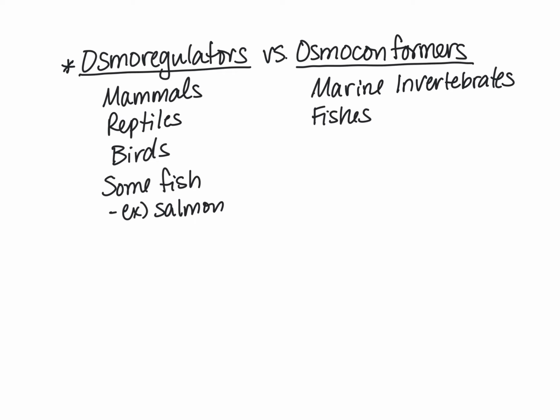Same thing with taking a freshwater fish and trying to put it in a saltwater environment. The fish is not able to deal with that extra salt. It's not able to excrete that salt out of its body. And so the salt is going to draw water out of the fish's body, and the fish is essentially going to become dehydrated and die.